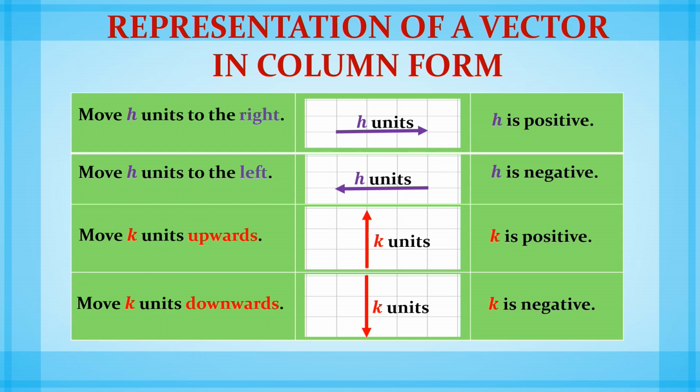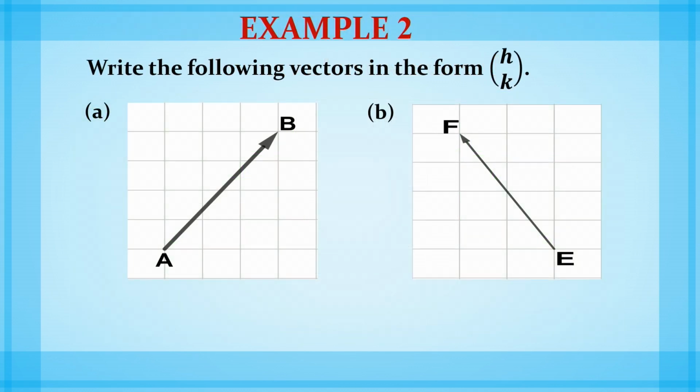Students, now you're going to learn about representing a vector in column form through example 2. Here, write the following vectors in column form with components h and k. In part A, we have to express the vector AB in column form, as indicated by the directed line segment.